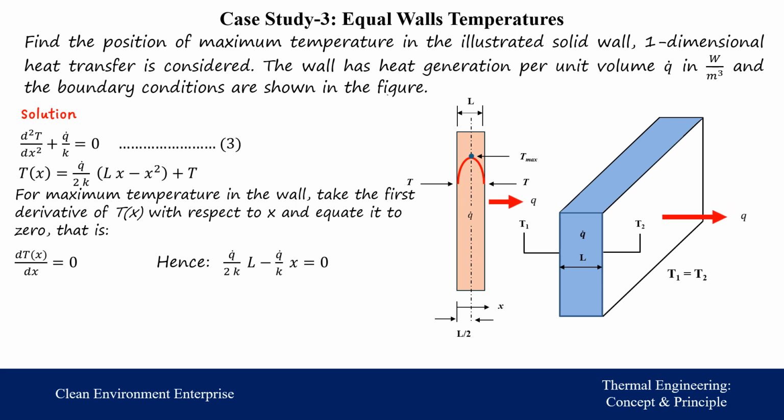And if, from equation 3, we derive the value for dT/dx, then it will equal q dot divided by 2k times L minus q dot divided by k times x, equal to 0.